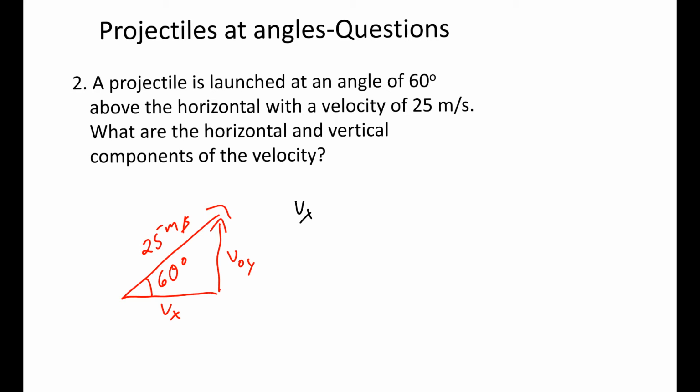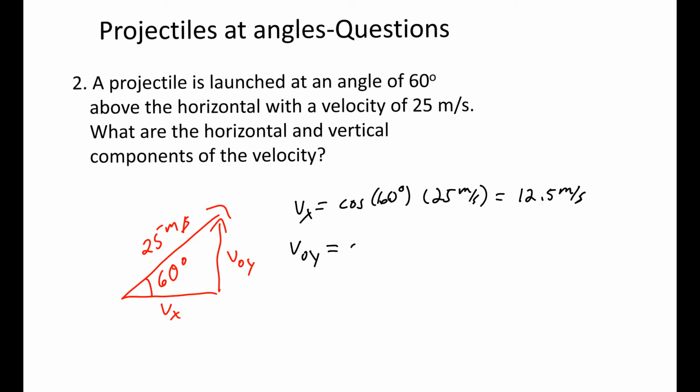So vx is going to be sine or cosine. It's going to be cosine 60 degrees times 25 meters per second. And what do you get for vx? 12.5 meters per second. So that's how fast it's moving horizontally.